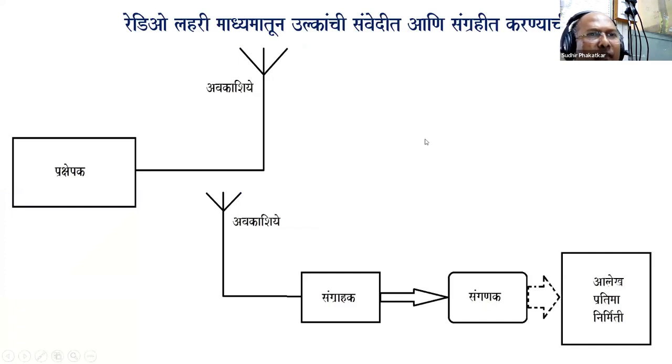So this is the very simple setup used to observe a meteor or meteorite. We require a transmitter, which is called prakshepak, and the transmitting antenna is the essential part of this transmitter. Of course, on the other side, another antenna is also required for the particular transmitting frequencies, and this is the receiver part.